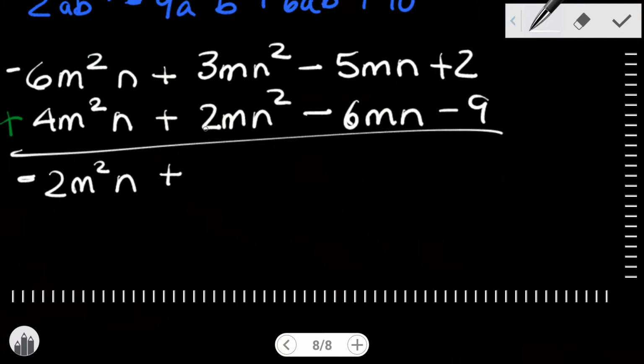So 3 plus 2 is 5. And then 5 times m times n squared. Moving on to the next one, we have a negative 5 as the coefficient plus a negative 6. So that gives you negative 11 times m times n. And then the last set of terms, you have a 2 plus a negative 9. So that gives you a negative 7. And this would be your final answer for this problem.